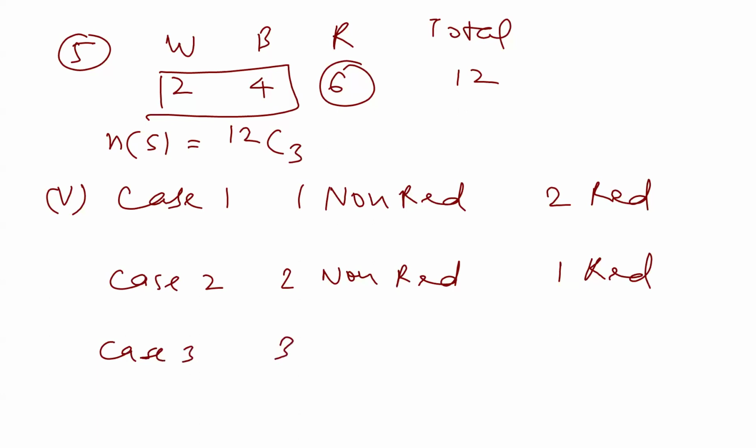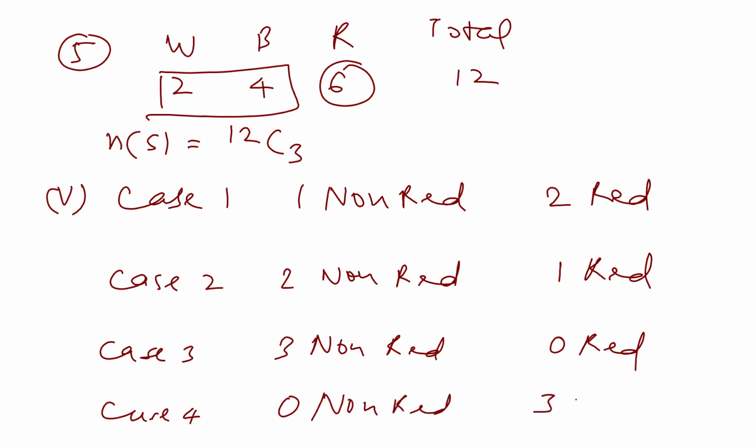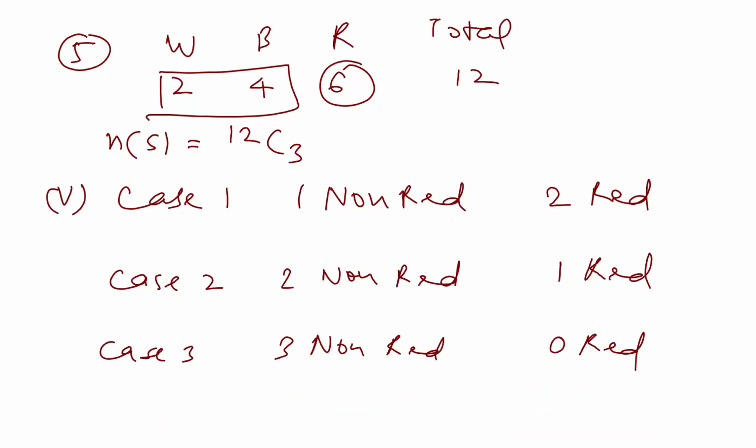Case 3, three non-red, zero red. There cannot be a case 4 such that 0 are non-red and 3 are red, because all 3 cannot be red, so this case does not make any sense. So these are the only possible cases. Not all of them are red indicates there can be zero red, one red, or two reds out of the three, right?